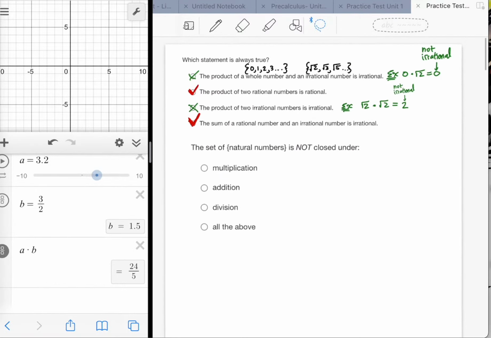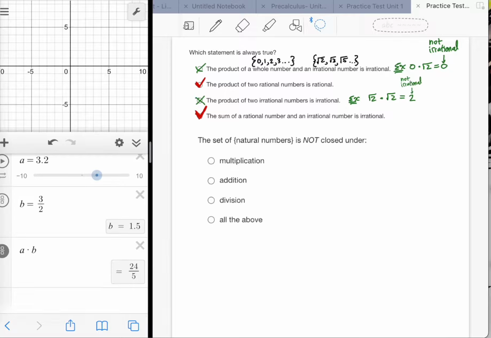This one says the set of natural numbers is not closed under different operations. So closure, again, is the idea that you can perform an operation using a given set of values and the result will still be in the set of values. We worked with that a fair amount.